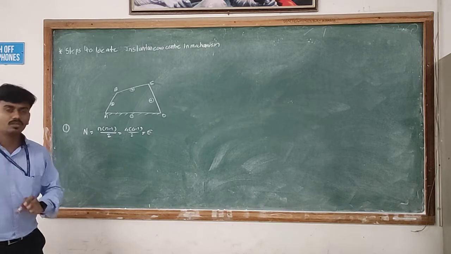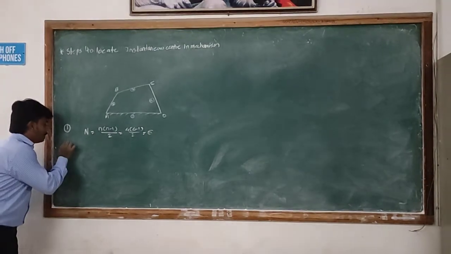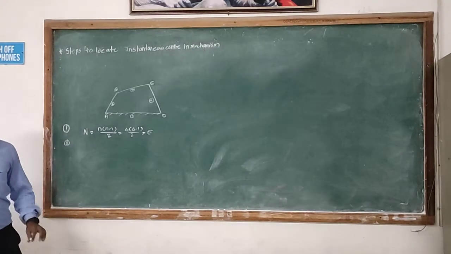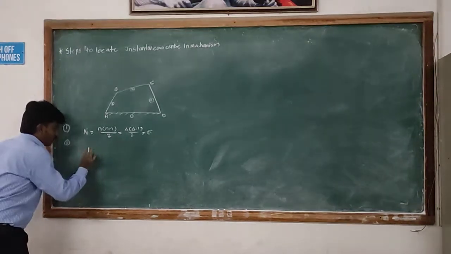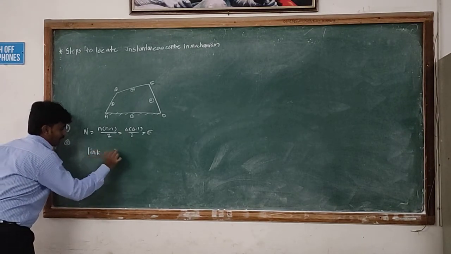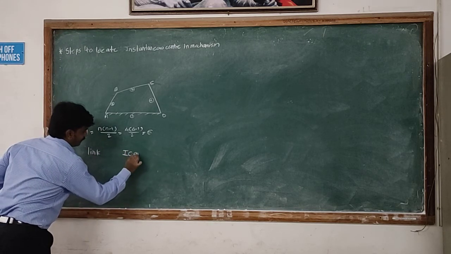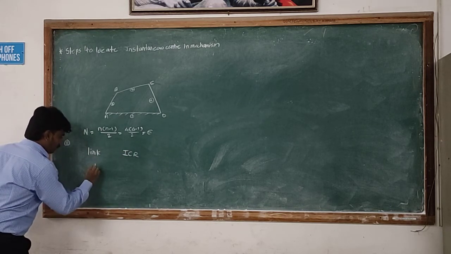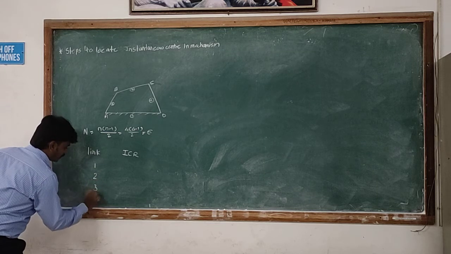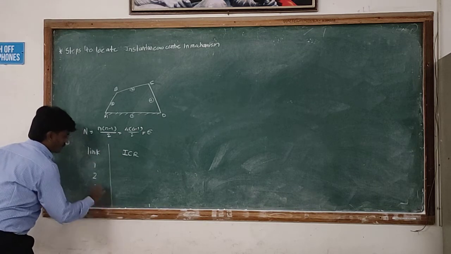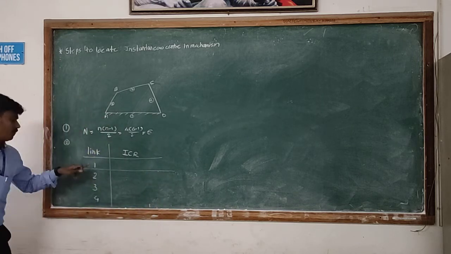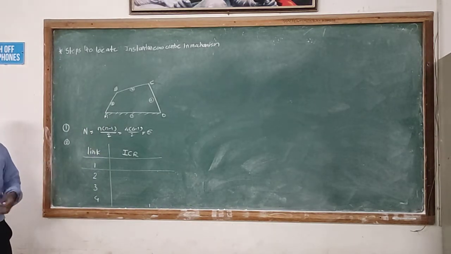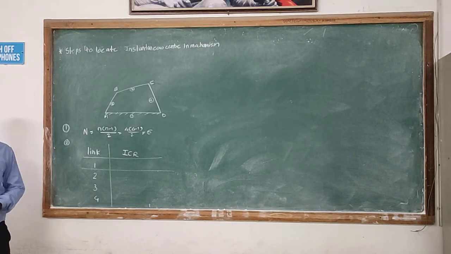The next step is to make a table where we can represent the instantaneous centers. So first of all, the link and ICR, instantaneous center: link number 1, link number 2, link number 3, and link number 4. If we consider link 1, how many instantaneous centers are there?